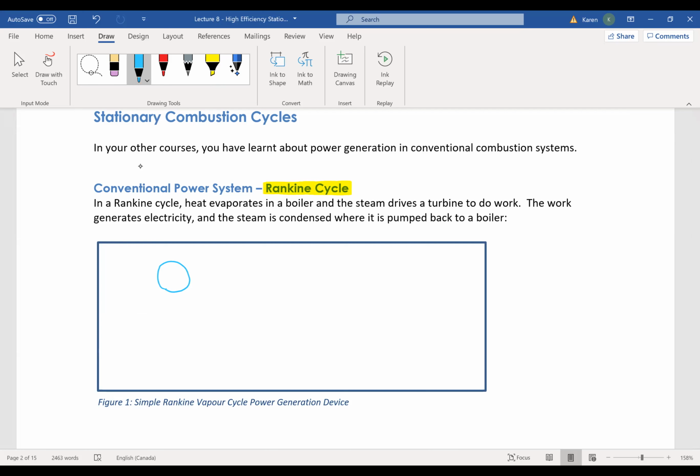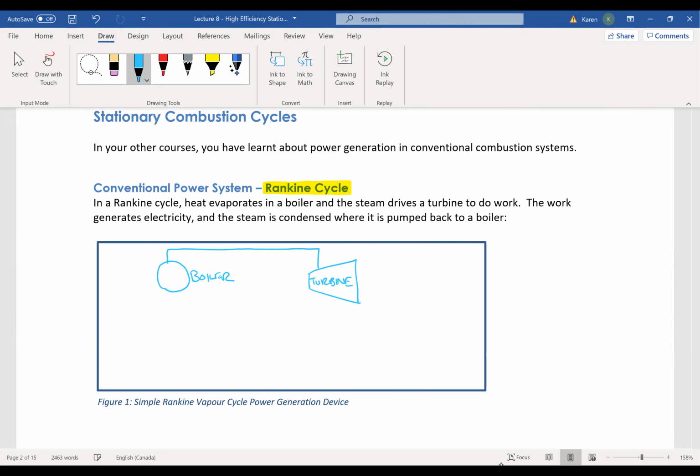So if this is our boiler, then we need to put heat into that boiler. And that boiler simply turns a turbine. And from that turbine, we can do mechanical work directly, or we can use that mechanical work to turn a generator in order to make electricity.